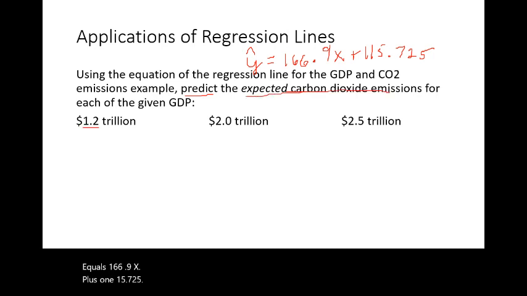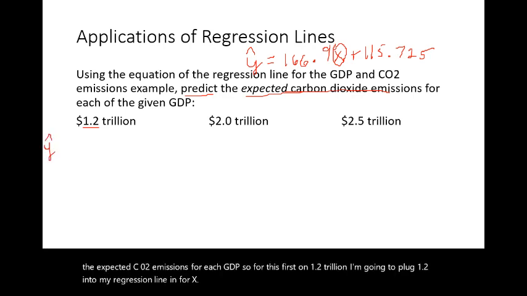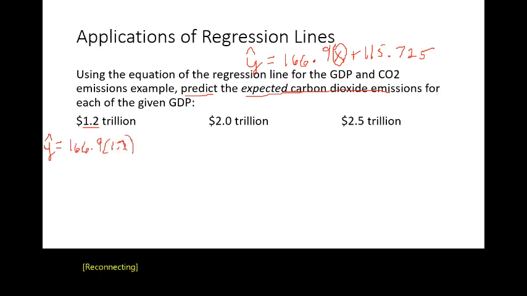So for this first one, 1.2 trillion, I'm going to plug 1.2 into my regression line in for x. So I'm going to get y hat, my predicted y value, is equal to 166.9 times 1.2 plus 115.725.